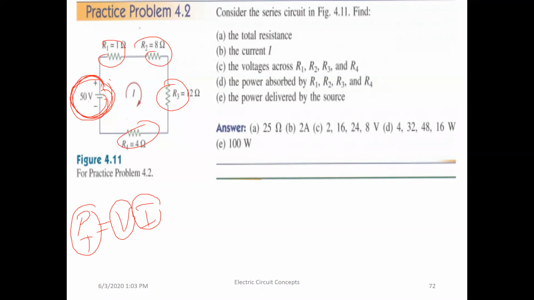Since we are using the power delivered by the source, we have to use the voltage of the source and the current that passes through it. So it will be 50 times the current. What's the current we found? 2. So it would be 100 watts. Same answer.